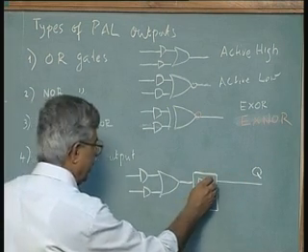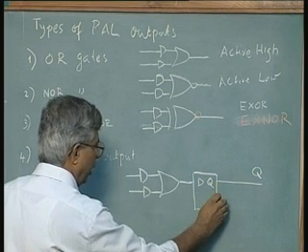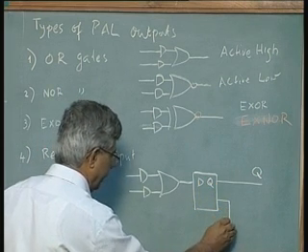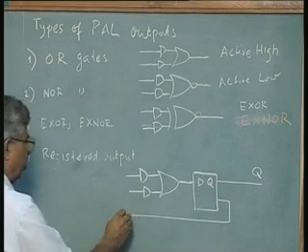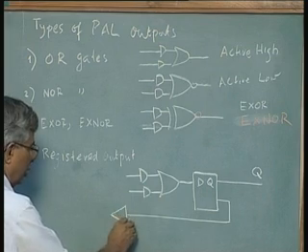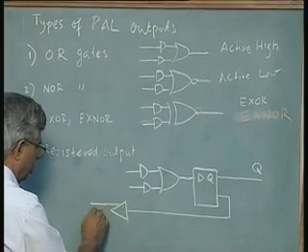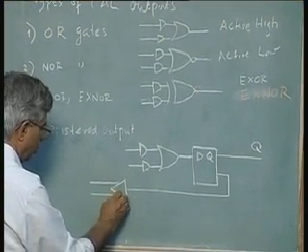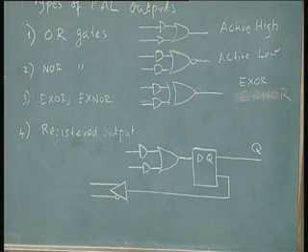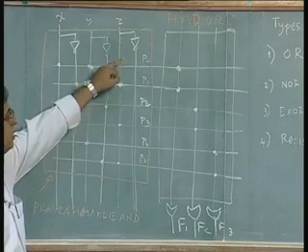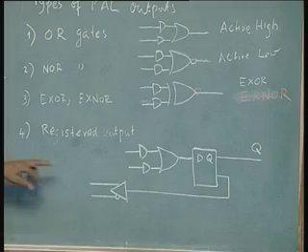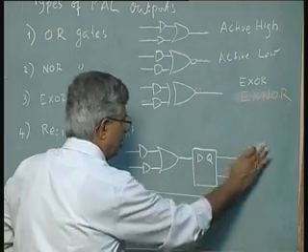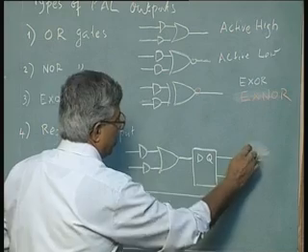And one interesting thing is, I can also take this output back as an input to the PAL, programmable array logic. Like this, x and x bar, y bar, z bar.